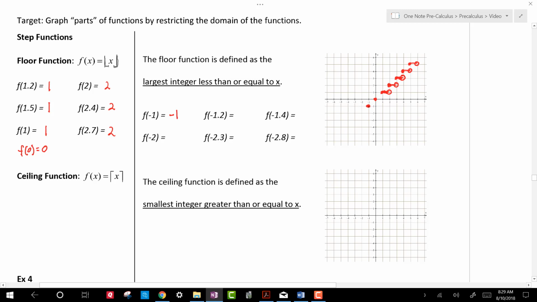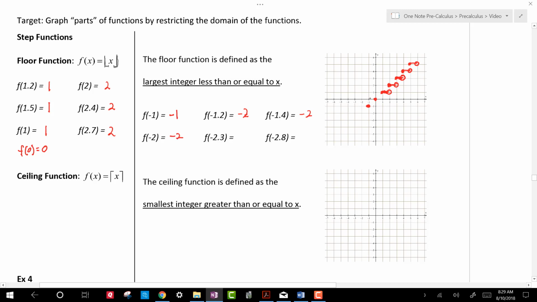But let's take a look at some of these others. What if it was f of -1.2? I need to go down from there. That's -2. F of -1.4, I need to go down from there. That's -2. F of -2 is -2.